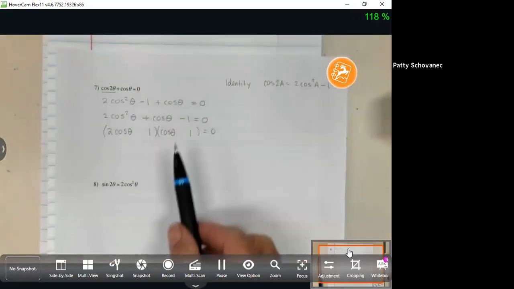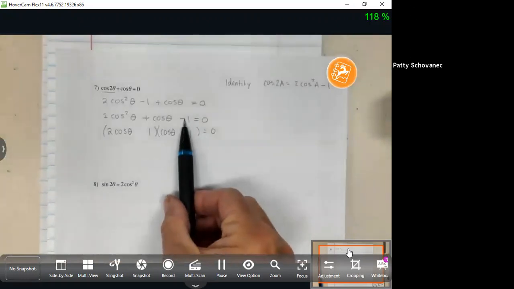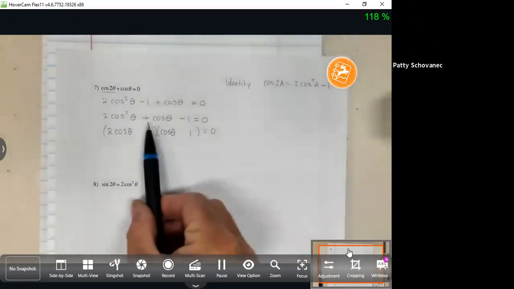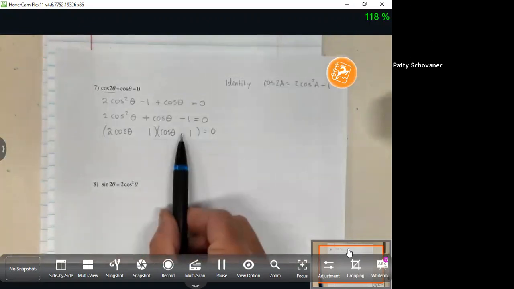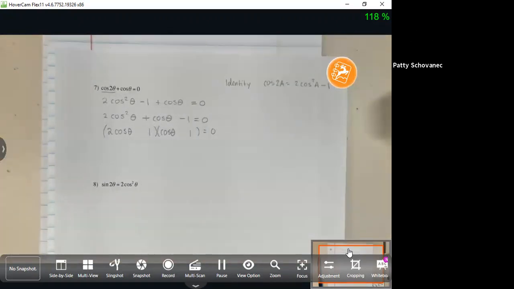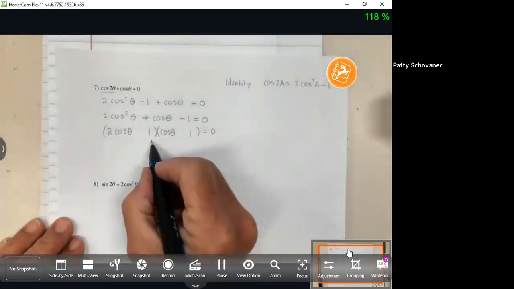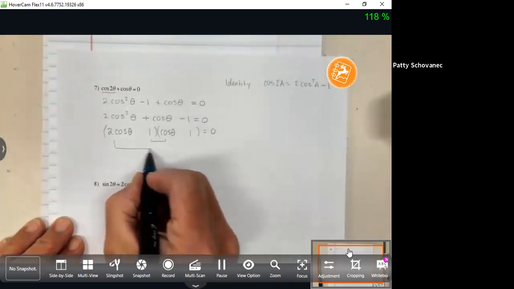But those numbers have to have an opposite sign and multiply in such a way to give me a +1 in the middle. So which of these has to have the plus sign and which factor has to have the minus sign? The middle term is going to come from the sum of these.